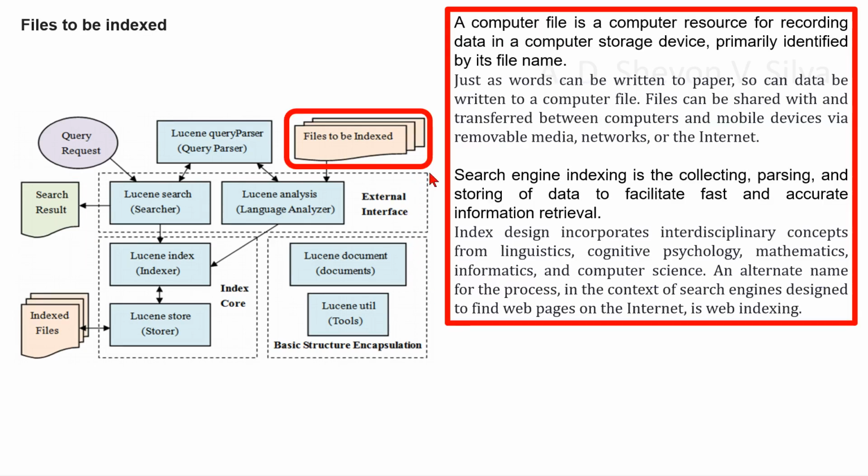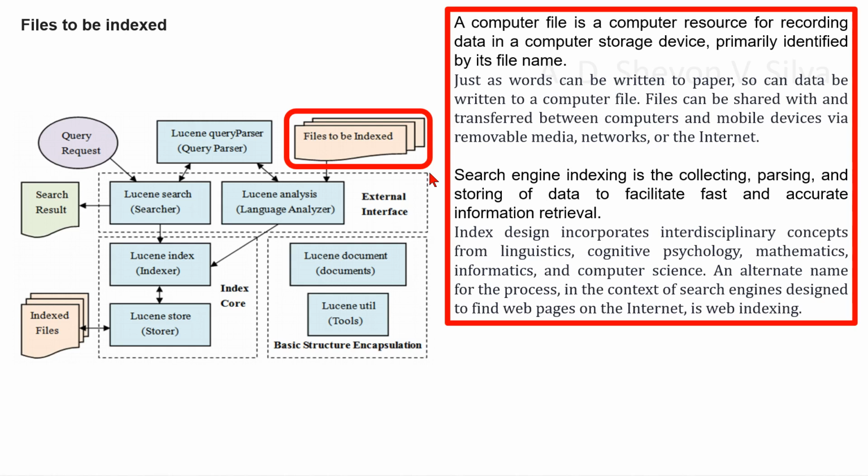Now we are focusing on files to be indexed. A computer file is a computer resource for recording data in a computer storage device, primarily identified by its file name. Just as words can be written to a paper, so can data be written to a computer file. Files can be shared with and transferred between computers and mobile devices via removable media, networks or the internet.